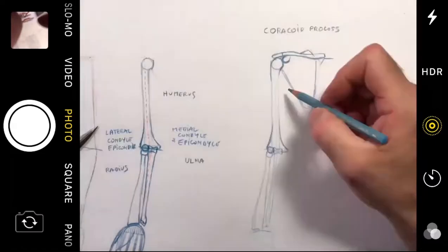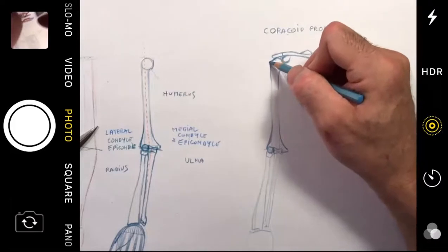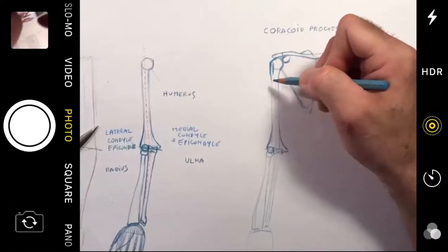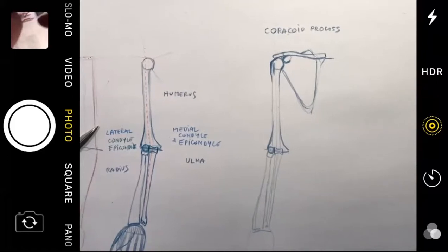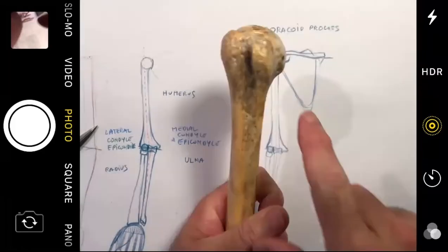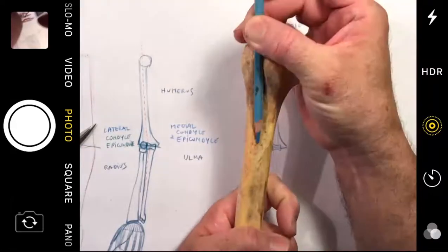So now let's find more landmarks here. In the humerus here, on the outside of the humerus, there's a little bit of a groove here. See this groove here, right? This groove here is because the tendon of the bicep goes here like this, down like this, right?